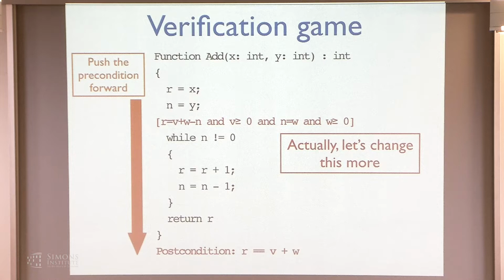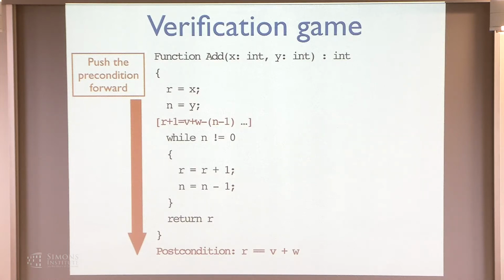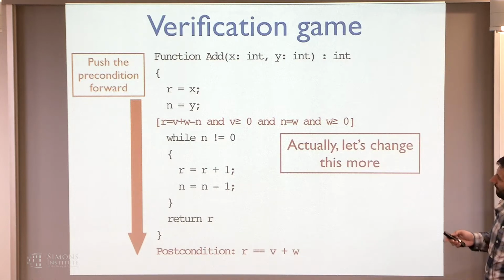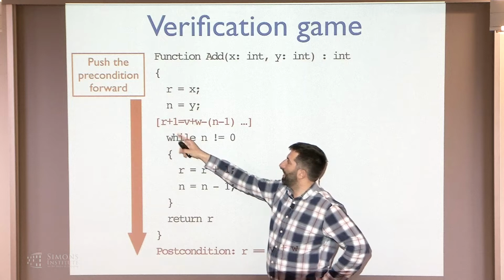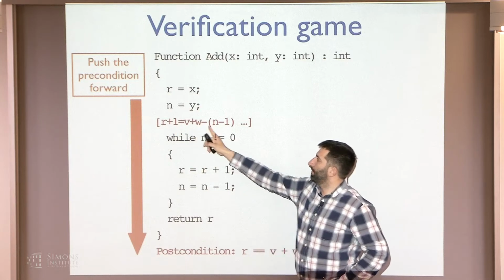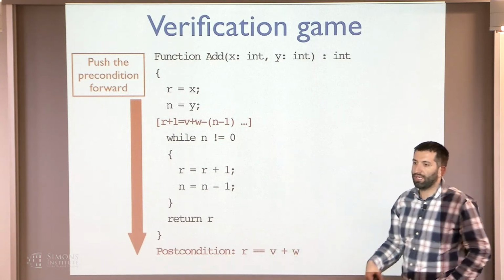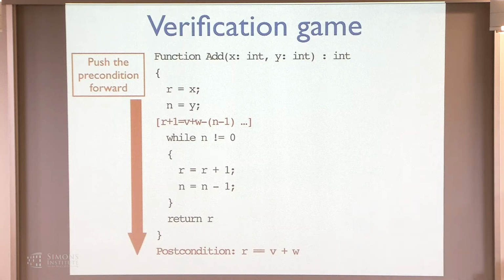Actually, let me change it a little more because I now say something like this: R plus 1 is equal to V plus W minus 1. Again, I'm adding plus 1 on both sides, so the equality is preserved, and I forget a bit the rest to make it a bit simpler.